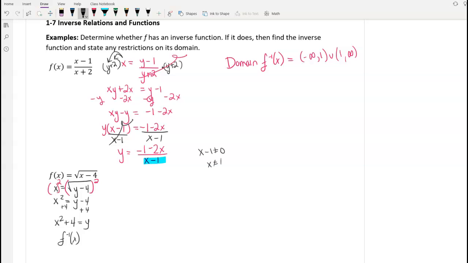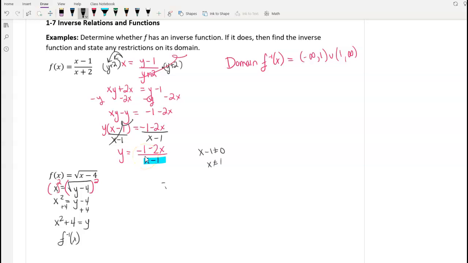All right, are there any restrictions on my domain? Yes and no. Well, take a look. F of x had a restriction. It said, hey, it can't equal 4. But what does that mean for the inverse of f?